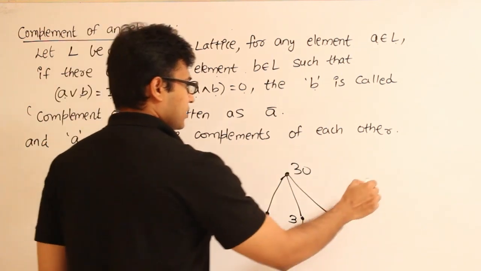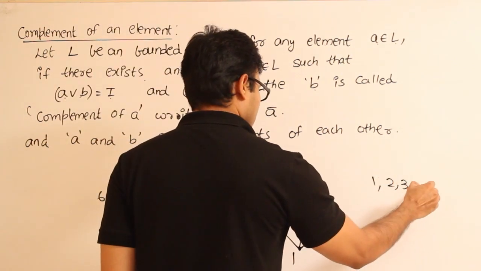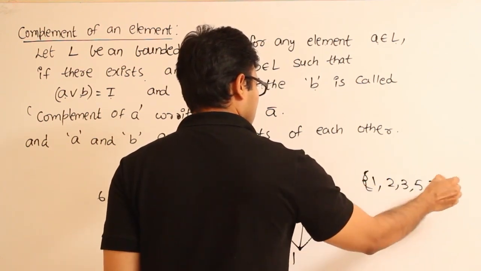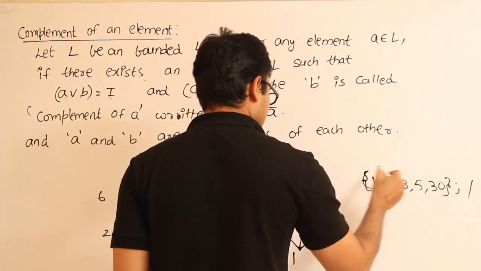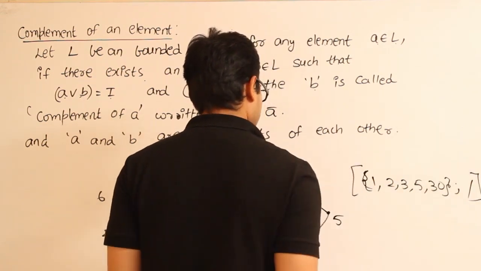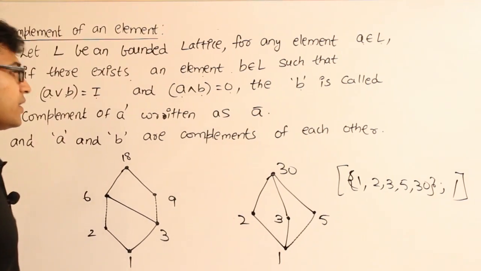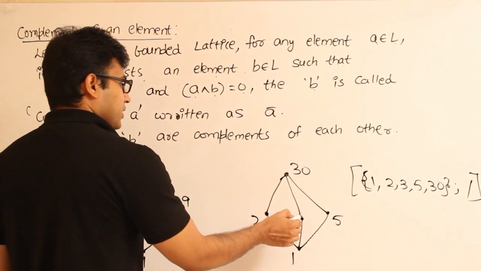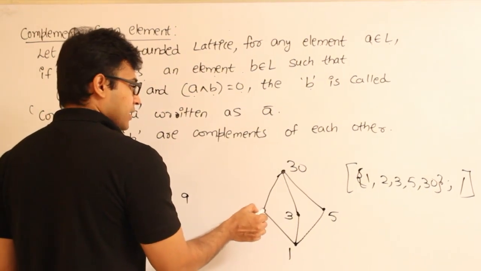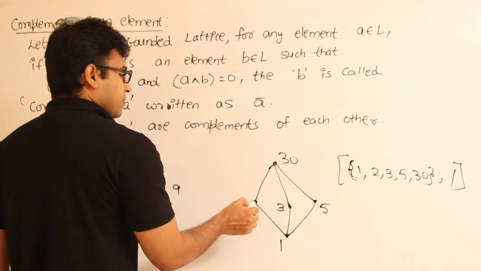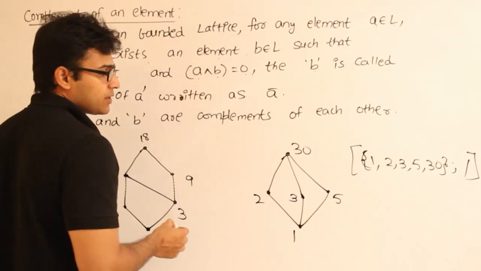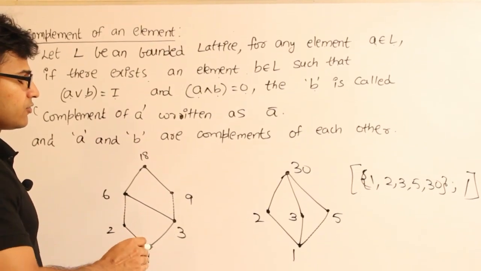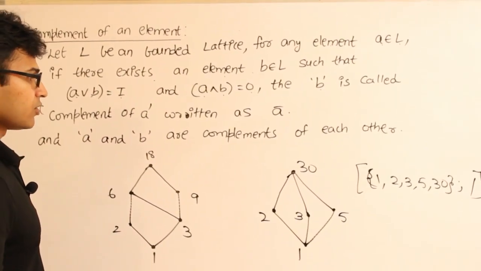Let us say there is a set 1, 2, 3, 5 and 30, and the relation on this set is divides, and so it is a poset and also a lattice, which is a bounded lattice. Now if you take element 2, if there exists another element such that if I apply the join operation, we get the upper bound of the lattice, and if you apply the meet operation, we get the lower bound of the lattice.